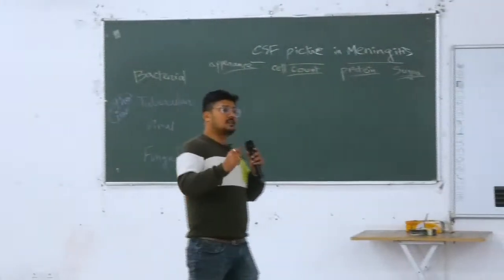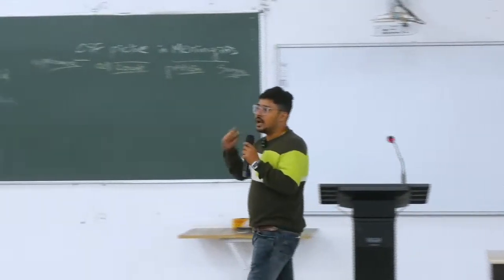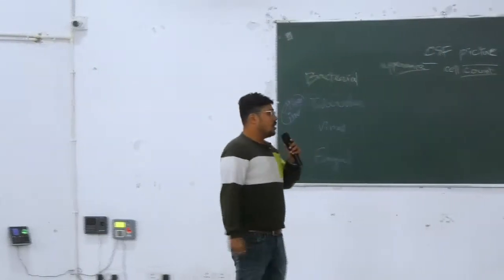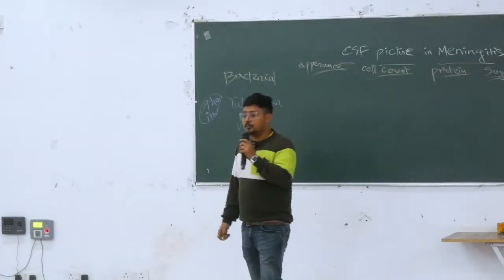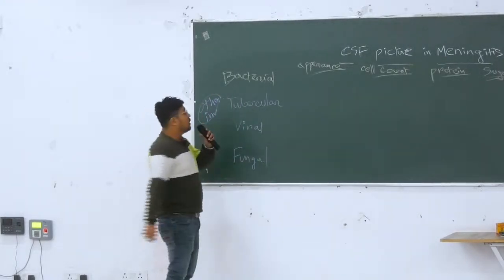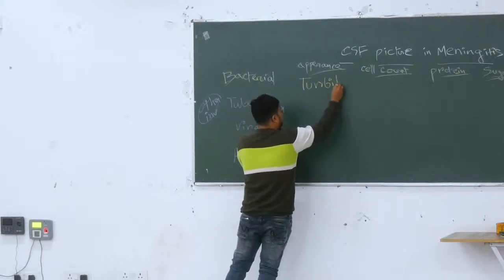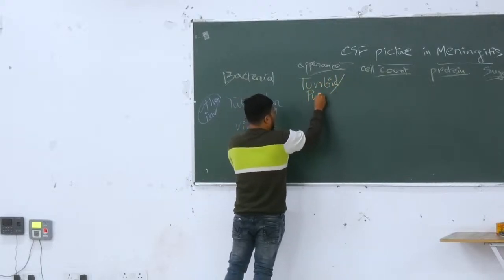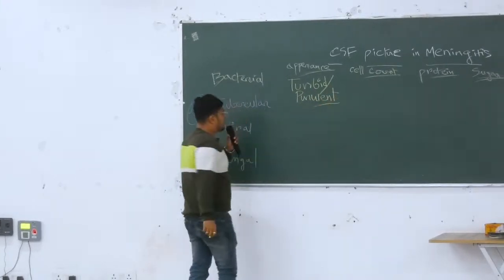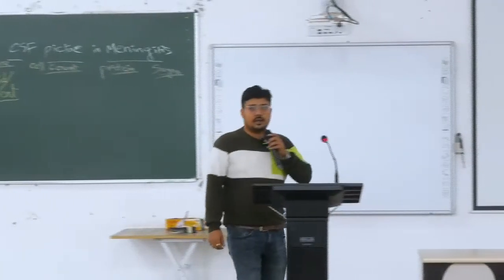This is the first thing we have to be suspicious of when the appearance of the CSF is not clear as water. So, how will be the color of CSF in possible meningeal involvement? In bacterial meningitis, the appearance will be turbid or purulent.